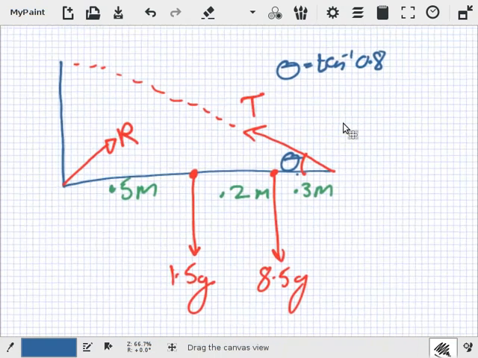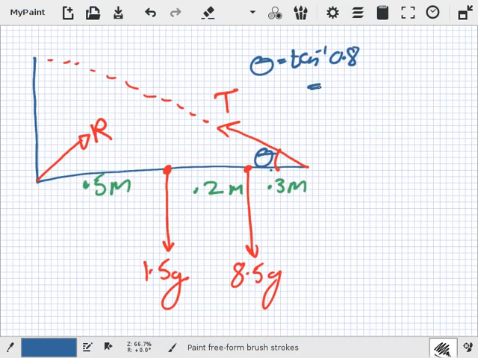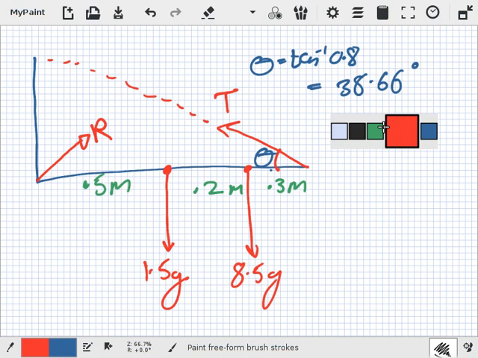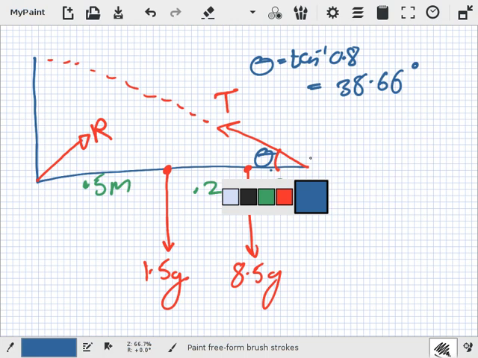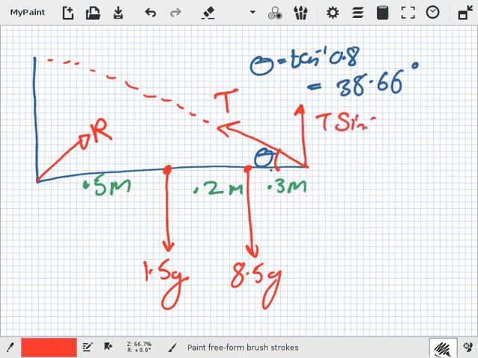What's tan inverse 0.8? 38.66. Right, so basically the question is figure out everything. So what I'll do is resolve this. That's T sine theta, and this component here is T cos theta.